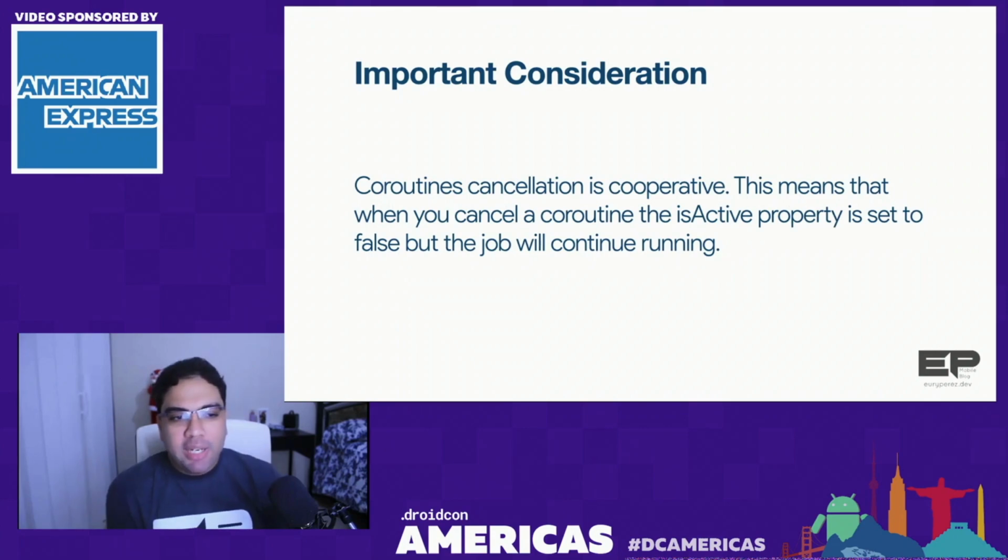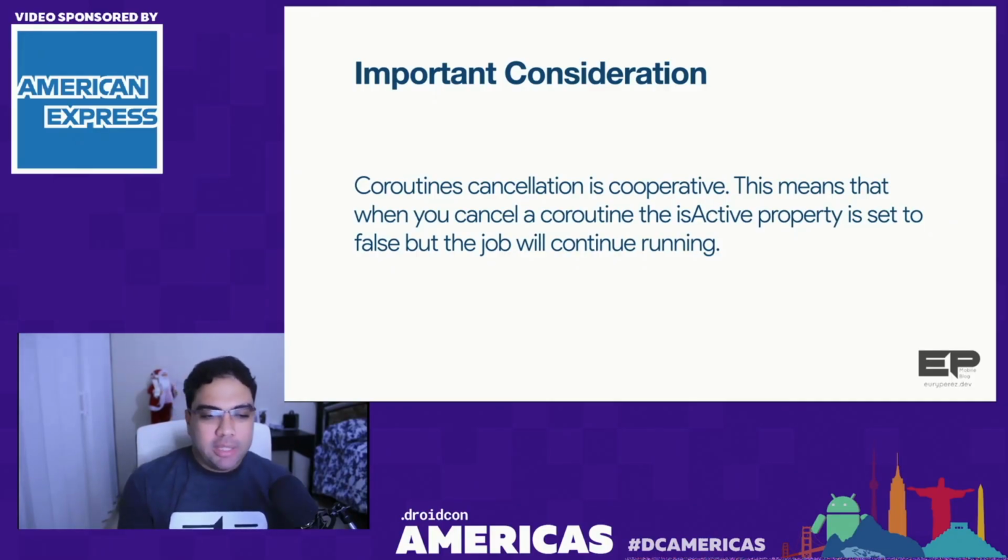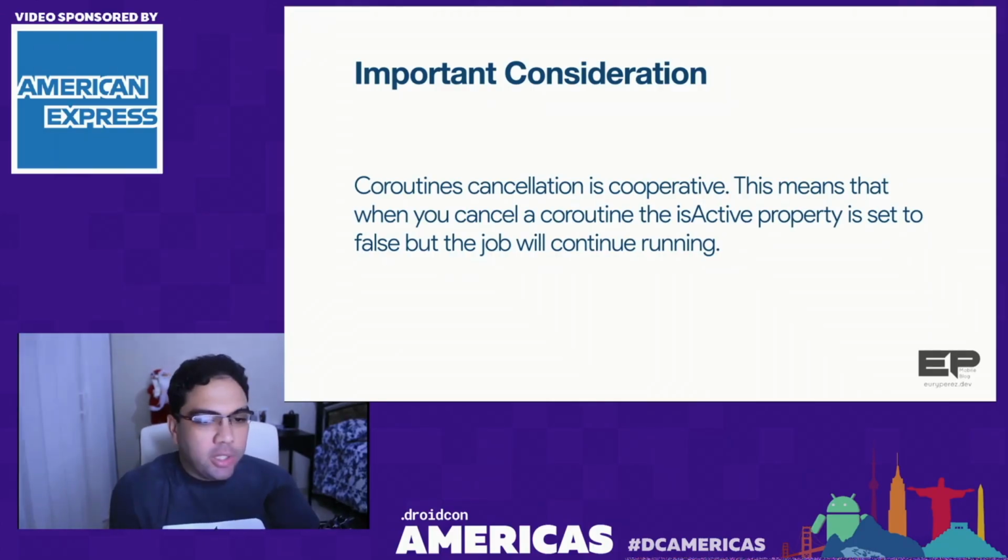An important consideration is that coroutine cancellation is cooperative. What does this mean? When you cancel a coroutine, the isActive property of that coroutine is set to false, but the job will continue running.